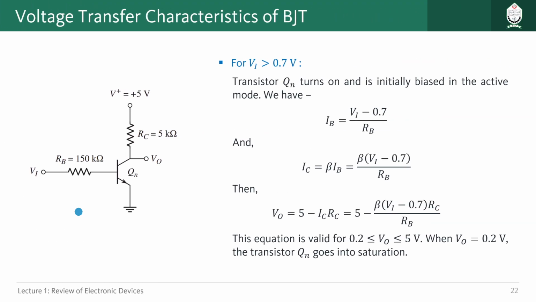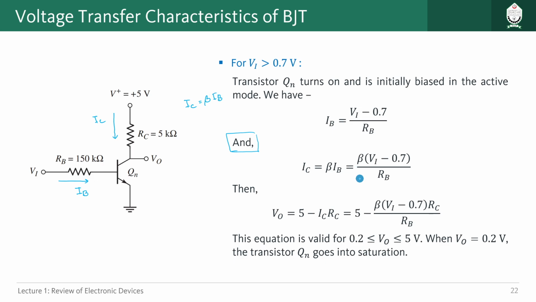Now from that, let us make our analysis go further. If we know IB is the current going through this path, now we are going to get the value of current IC. We know that IC is equal to beta IB.